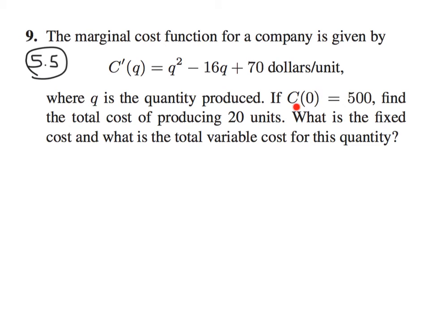So that's the cost at 0 units, which is 500. That's what I always have to pay or take into account no matter how much I produce. Fixed costs are 500, C of 0. And we are asked to find the total cost of producing 20 units.